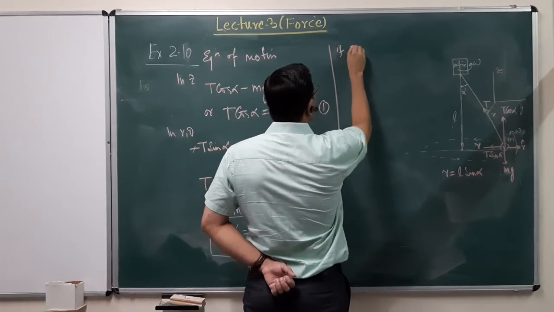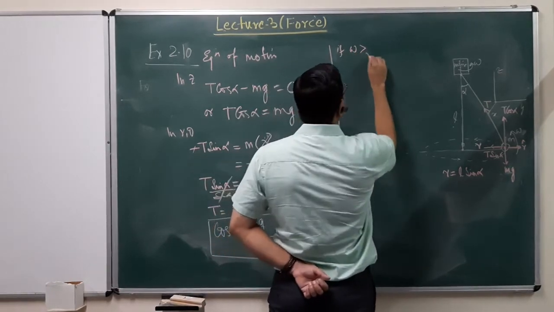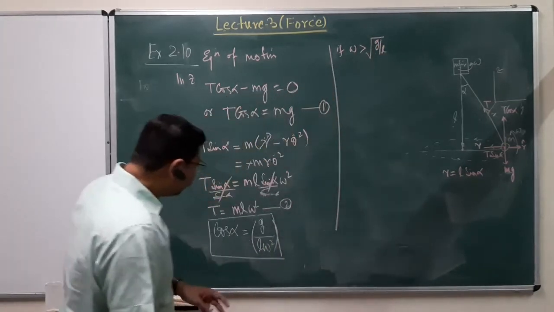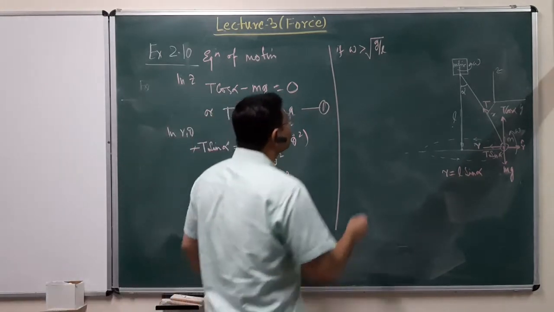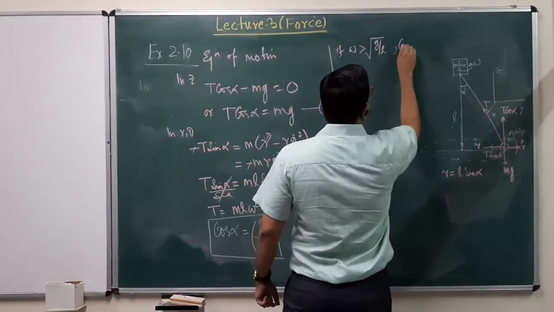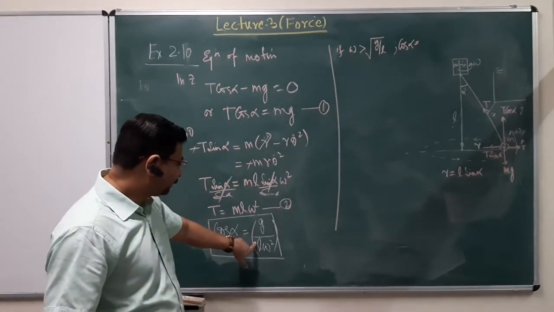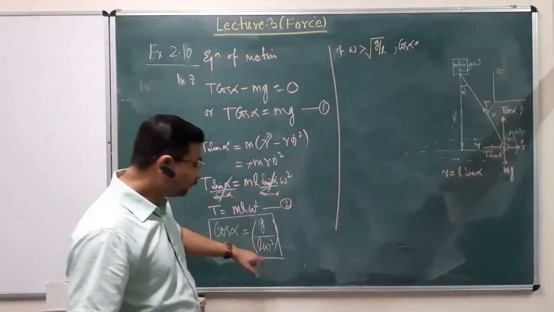If omega is greater than square root of g over L, then this number is larger, so this quantity is less than 1.